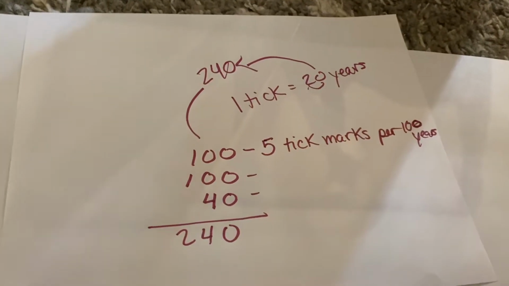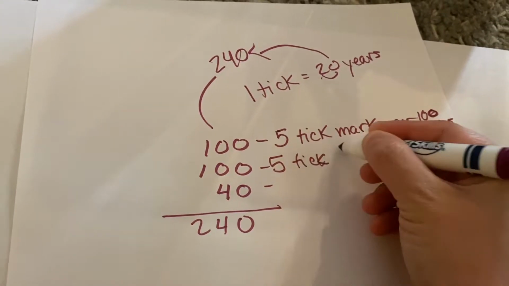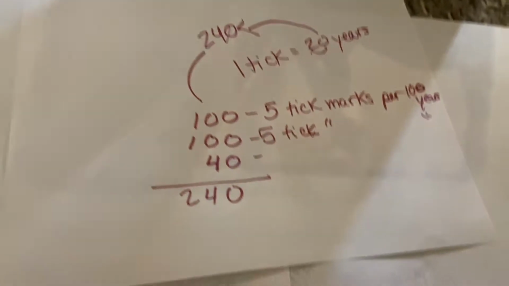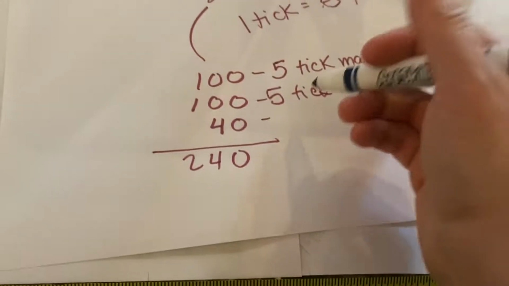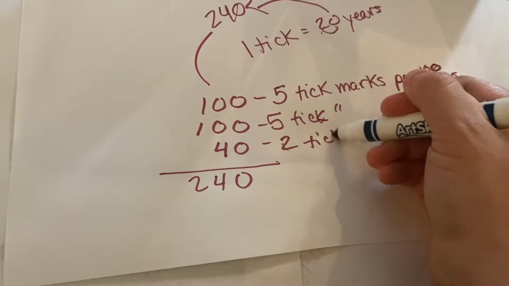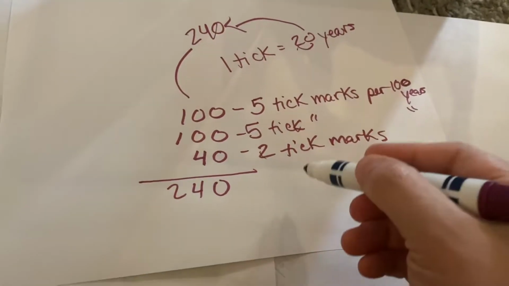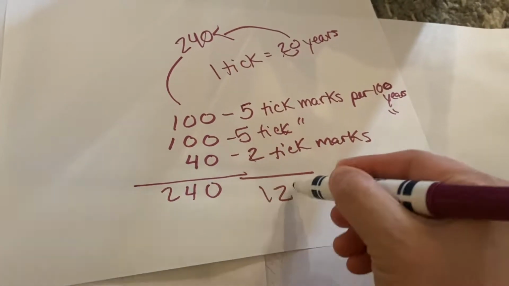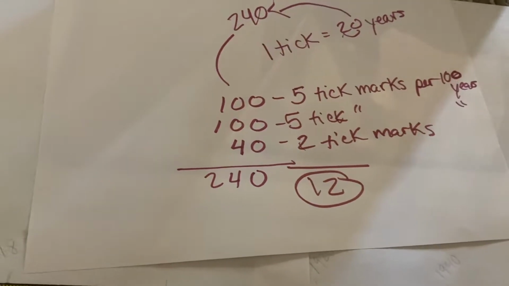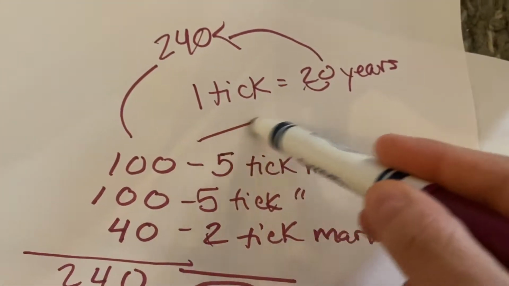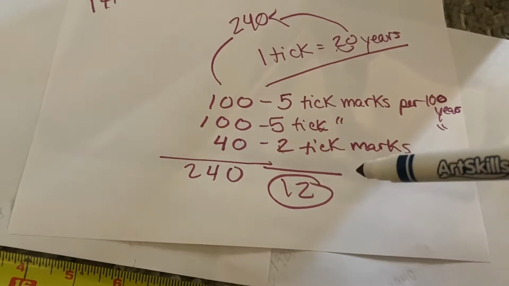And we have another 5 tick marks for the next 100. Now, how many times does 20 go into 40? 20, 40. It just goes in 2. So I'm going to need around 12 tick marks. Here, 1 tick mark is 20 years. We're going to need 12 tick marks.